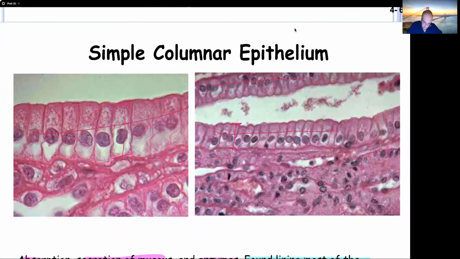So it's going to be a simple epithelium. What's the shape of the cells on here? What is the shape of the cells? They are tall cells. It's a simple columnar epithelium.